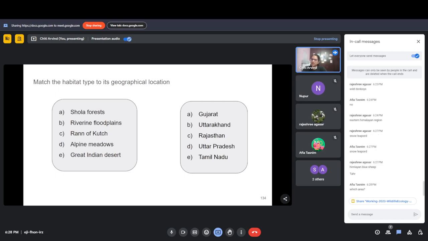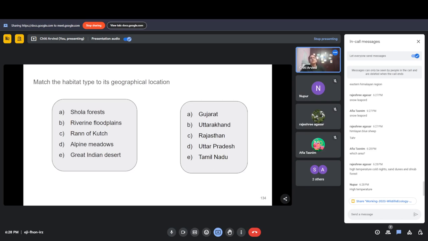The Great Indian Desert in Rajasthan. So the Thar Desert falls in the Great Indian Desert. High temperature, cold nights, sand dunes, shrub forest.